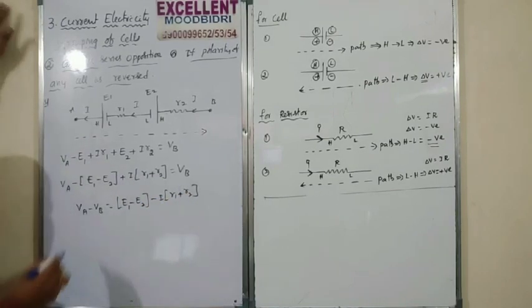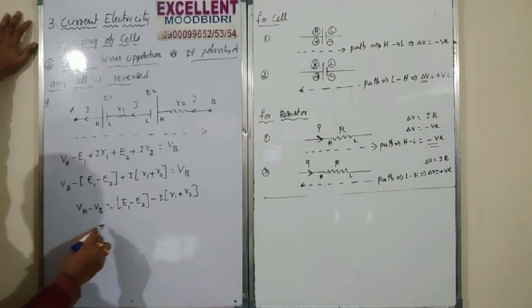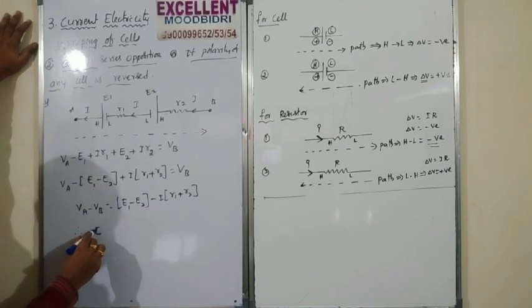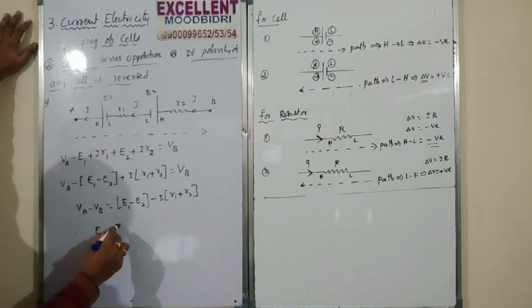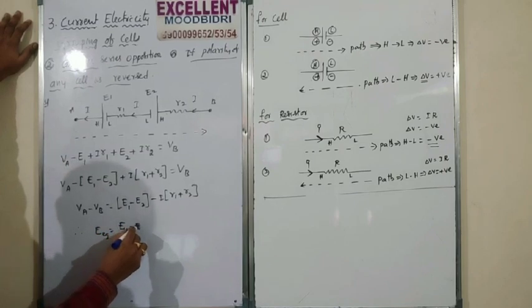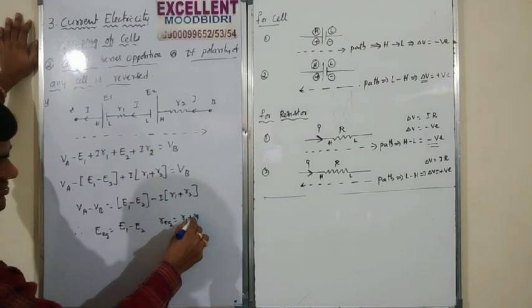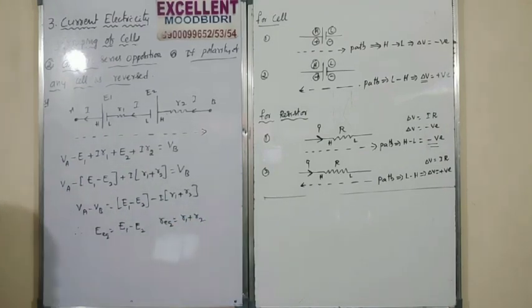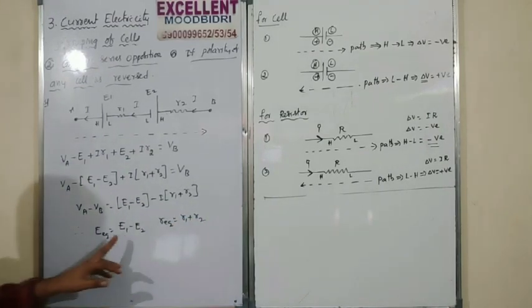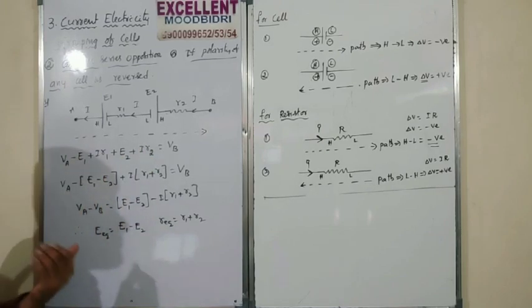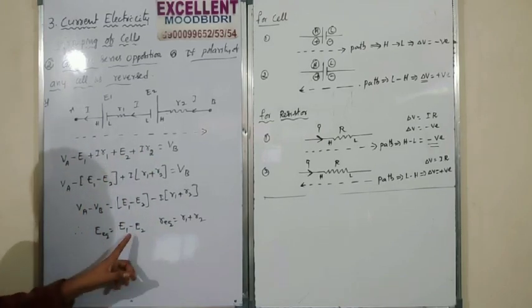This is the formula. Therefore, E equivalent is equal to E1 minus E2. But R equivalent does not change. R1 plus R2. Are you clear? So direct form you can remember. E2 is the reverse. A reversed battery we will consider as negative.